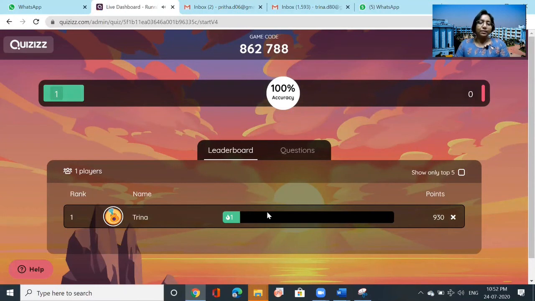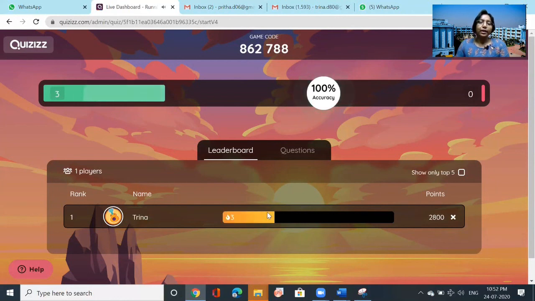Okay, I am the only player. If I answer accurately, then when you play and answer accurately, your points will be increased. It is just like any other mobile game you can play. When you play at a particular time, say 30 or 60 students playing together, you will enjoy it a lot.